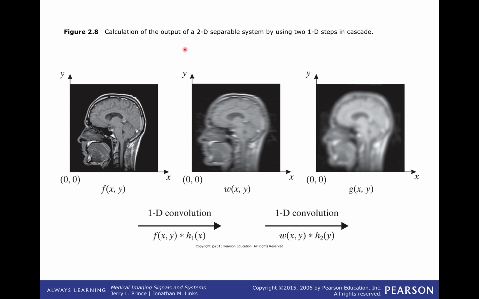So here's an example of convolving a 2D function, and this is the function at full resolution. We'll call this f of xy, where f is the brightness of a point at xy. It's a sagittal image of somebody's brain and their tongue and everything else. The intermediate function on our way to that 2D convolution is the blurring in this direction.